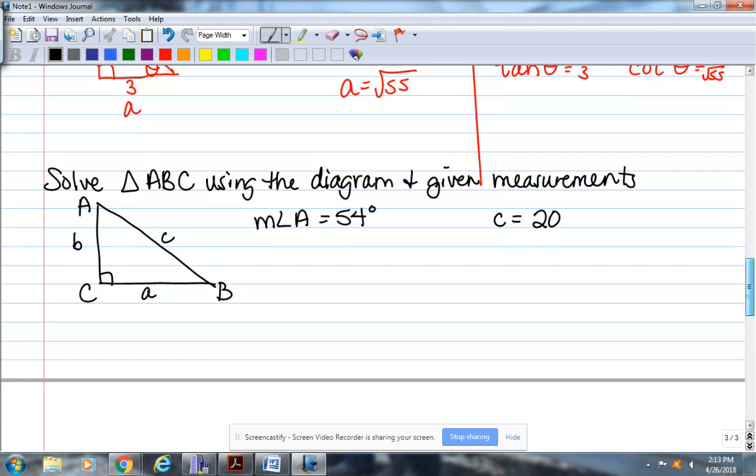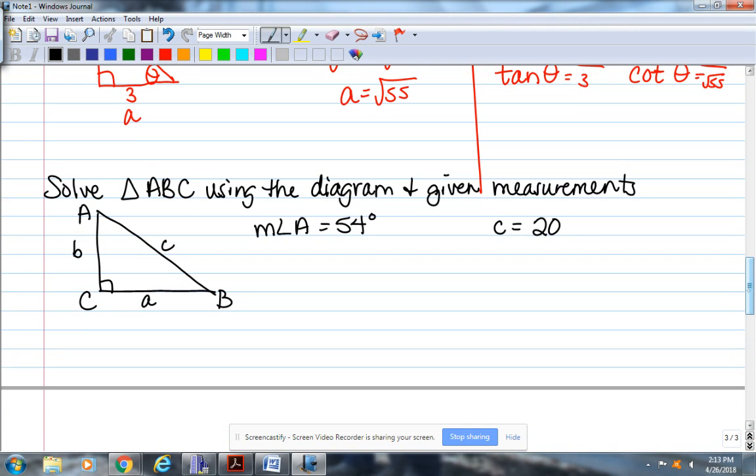So B is 36. How did you get B is 36? Add 90. Very good, because I know this one's 90 and this one's 54. So 180 minus those added together is how much? 36 degrees. Does everybody understand how he got that? He added that plus 90, subtract from 180. So we got our angles now. You can just fill it in as you go, 36 degrees. All right, so our hypotenuse is 20.